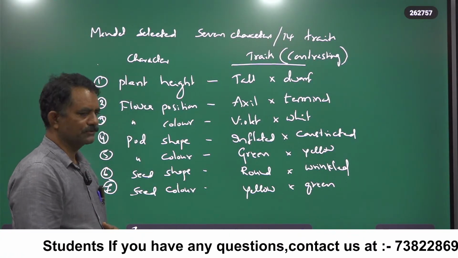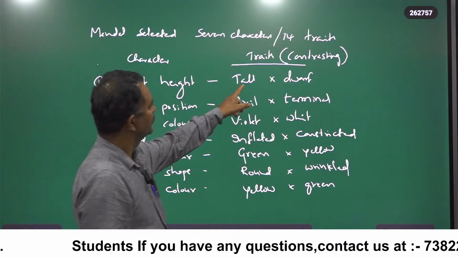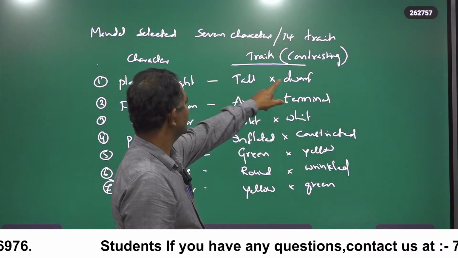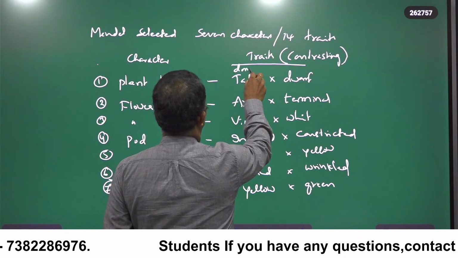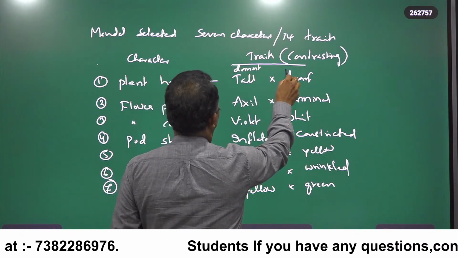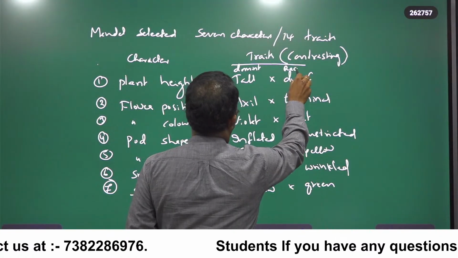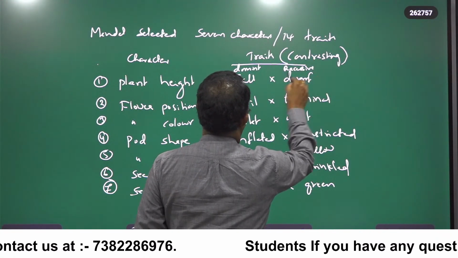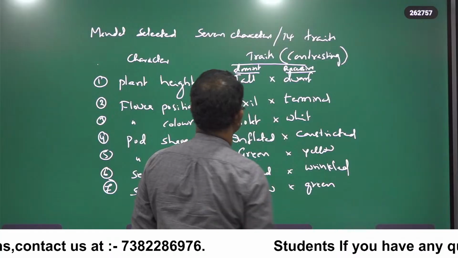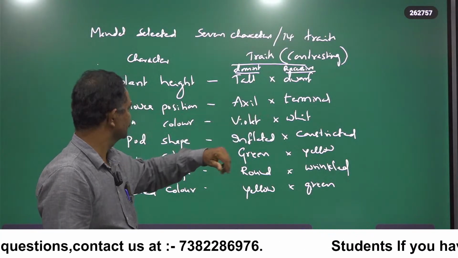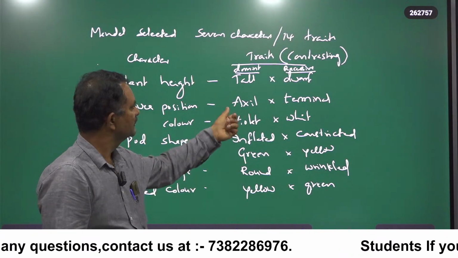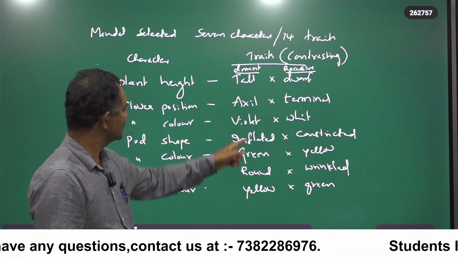Each character has 2 contrasting traits. Every character has contrasting traits in which one is the dominant trait and one is the recessive trait. Plant height, tall is the dominant, dwarf is the recessive. Flower position, axial is the dominant, terminal is the recessive.